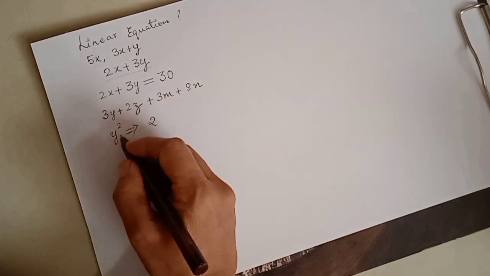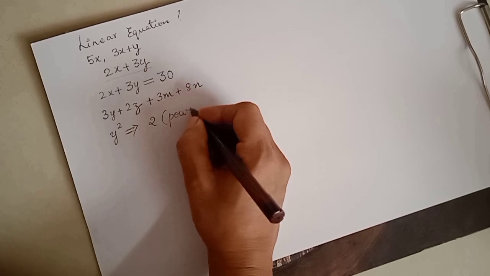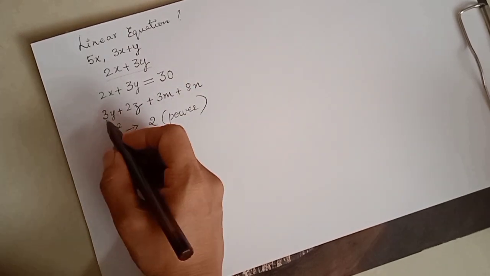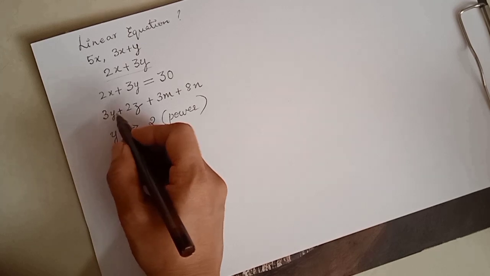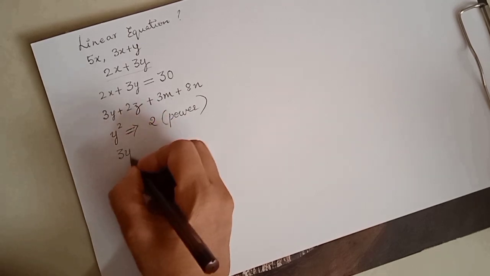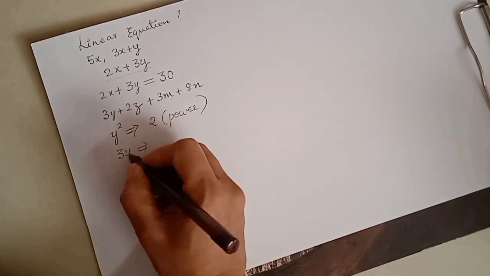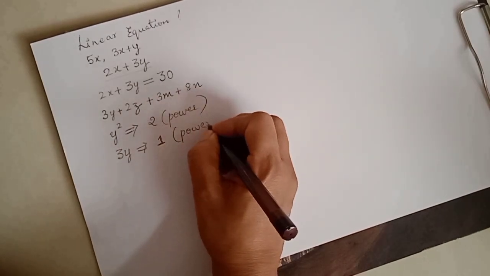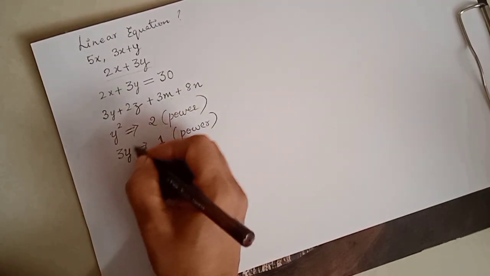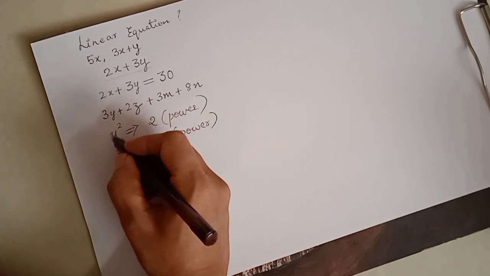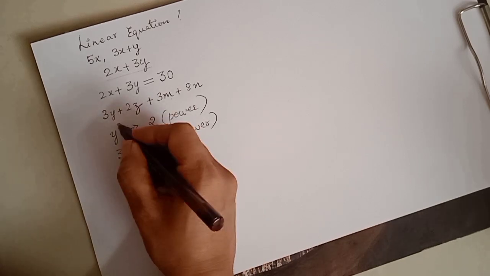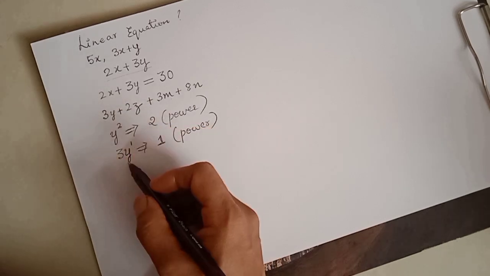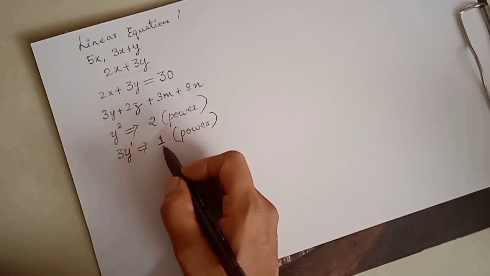It is 2. What is the power of y here in 3y? The power of y is 1. Here y means y to the power 1. Here y square means y to the power 2. So the power is 2 here, whereas the power of y here is 1.